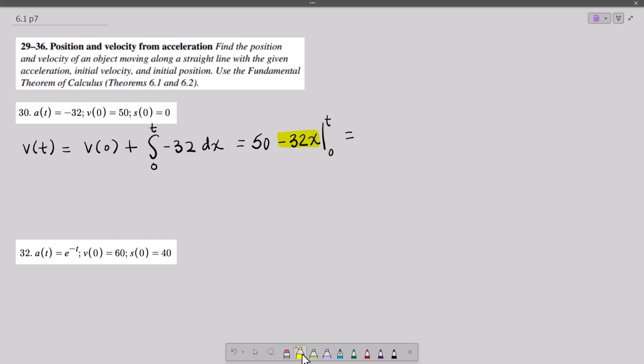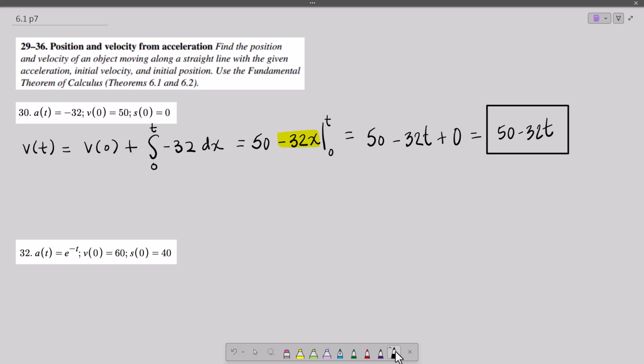The 50 is in front. That 50 is not part of the antiderivative, so the 0 and the t have nothing to do with the 50. First we plug in the t and we get negative 32t. And now we subtract off the antiderivative at 0. So minus a minus is plus 32 times 0, which is 0. So here is our velocity function.